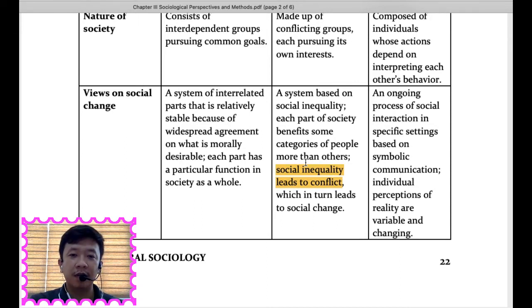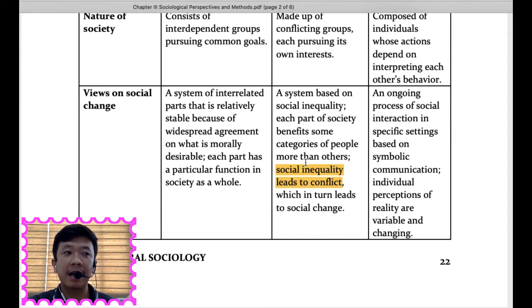Sabi niya, yung interrelated parts ay stable because of the agreement, the consensus. Okay, each part has a particular function to fulfill. So basically, ang sinasabi dito ng structural functionalism, kung may pagbabago man, medyo hindi mabilis ang pagbabago. Okay? Ang pagbabagong ito ay dapat dumaan sa consensus, dapat gusto ng lahat.